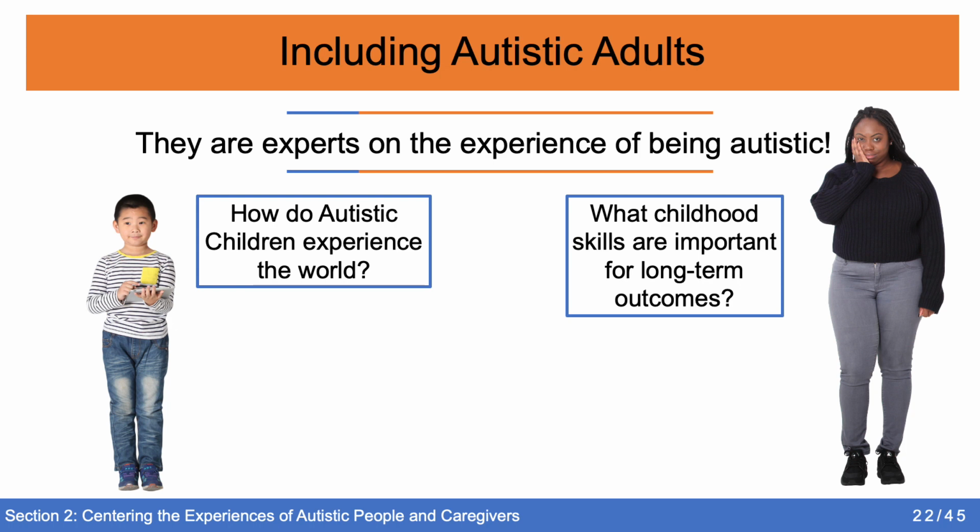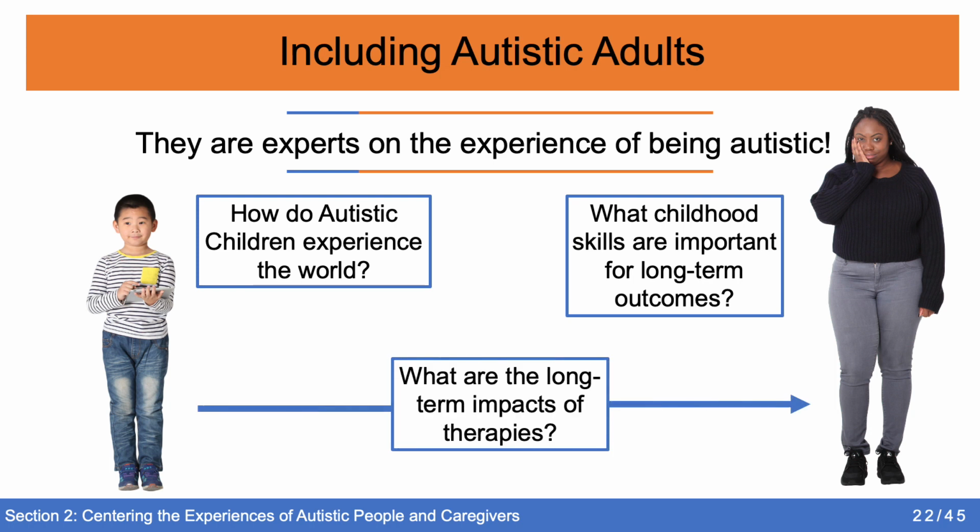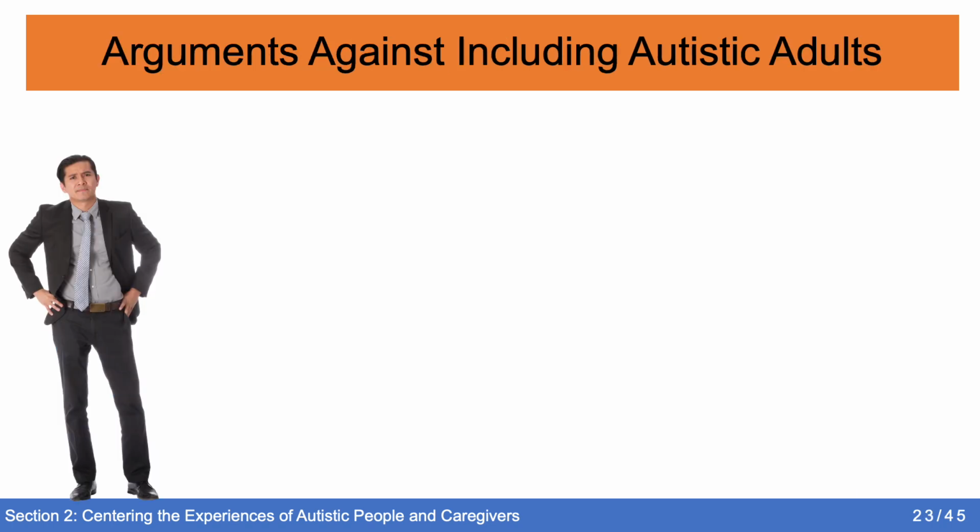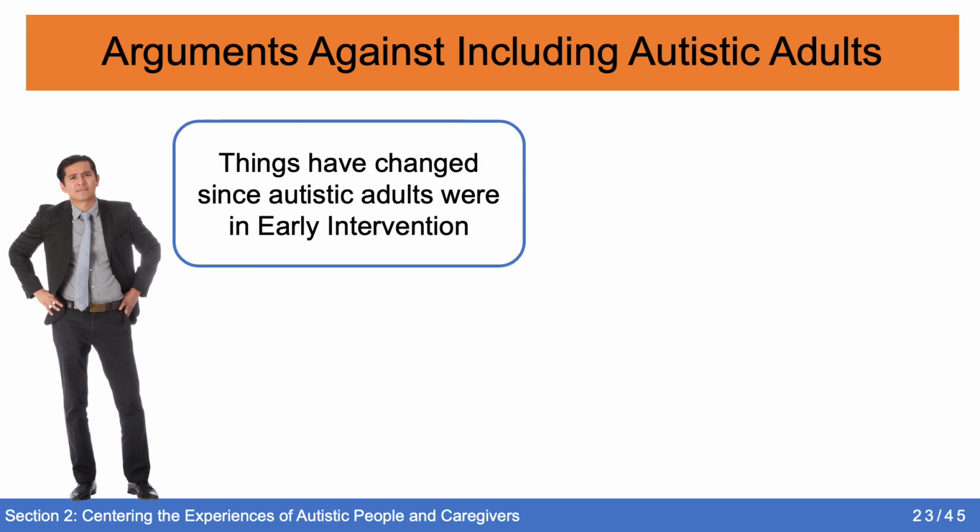Many autistic adults also participated in therapy as young children, so they can tell us about the long-term impacts of therapies too. Some people claim that autistic adults cannot give fair input about early childhood therapies because these therapies may have changed since autistic adults were in these therapies.